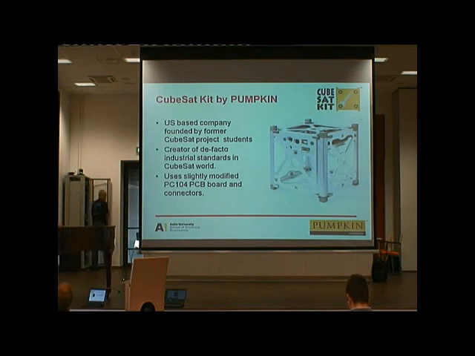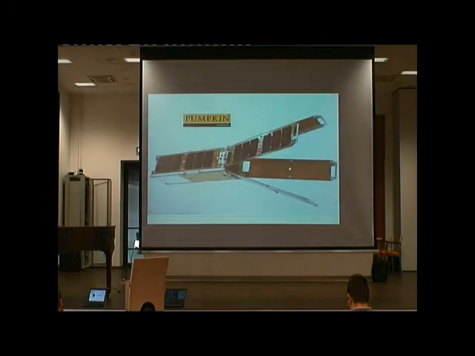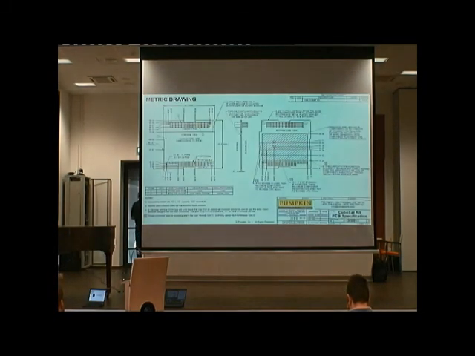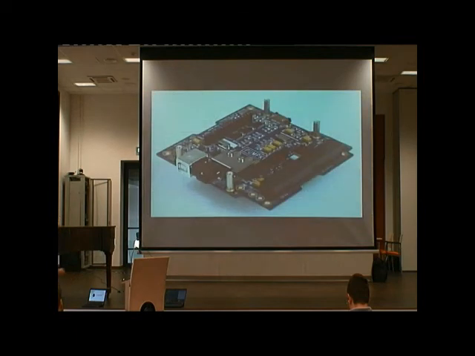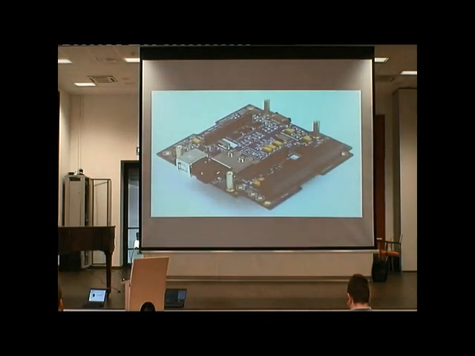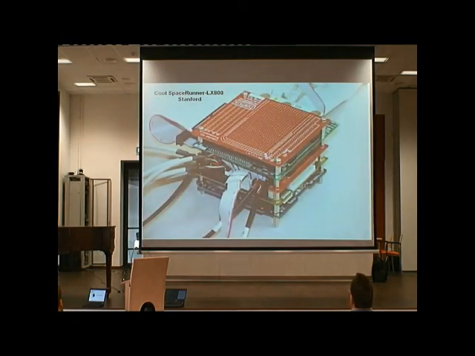And this satellite kit adopted the PC104 PCB electronic standard to be used inside of this box. So these are the satellites, and this is the basic electronic board, which was sort of standardized by this company, Pumpkin. And it looks like this. Because of this company heritage, most of the CubeSat sets look like this nowadays.